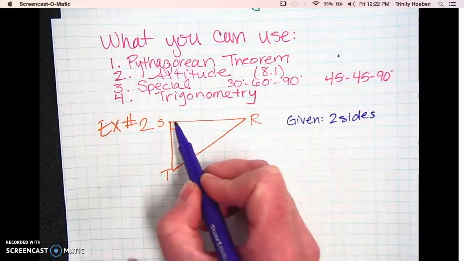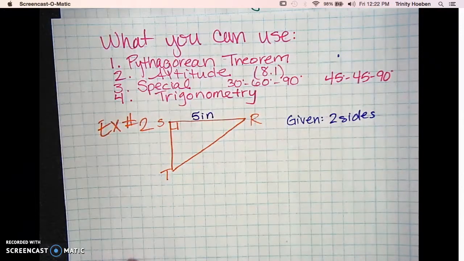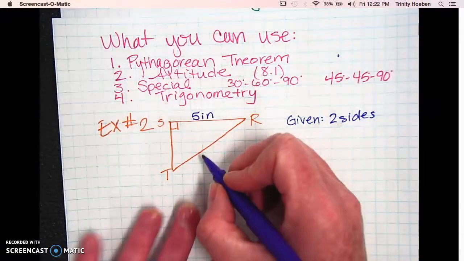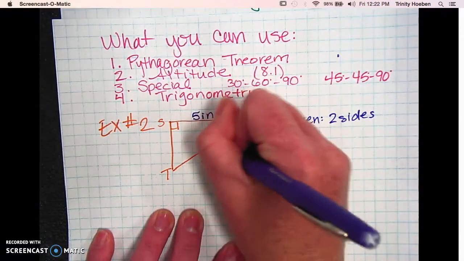This one up here, side SR, is going to be 5 inches. And the hypotenuse over here, TR, is going to be 5.7 inches.